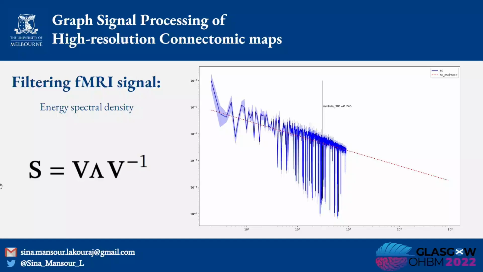So we wanted to do a median split to see what proportion of the signal is represented in the lower frequencies and what proportion is represented in the higher frequencies, and we see this interesting power law distribution where only the first approximately 300 eigenvectors can describe half of what's happening in the resting state brain in terms of the energy of the BOLD signal.